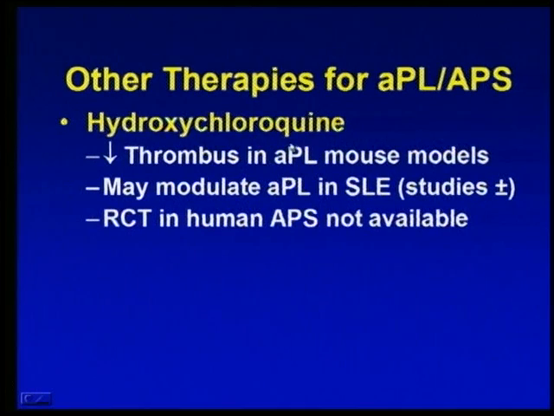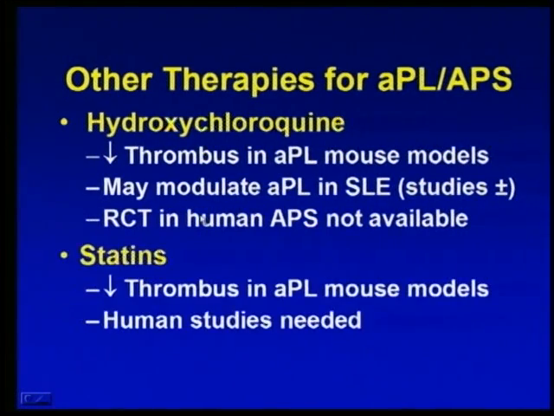In mouse models of antiphospholipid syndrome, hydroxychloroquine seems to limit thrombus extension. There is some evidence from conflicting studies in patients that the level of antiphospholipid antibody production may be affected by hydroxychloroquine. But randomized clinical trials are not available, so the jury is still out as far as hydroxychloroquine, Plaquenil, in this setting.